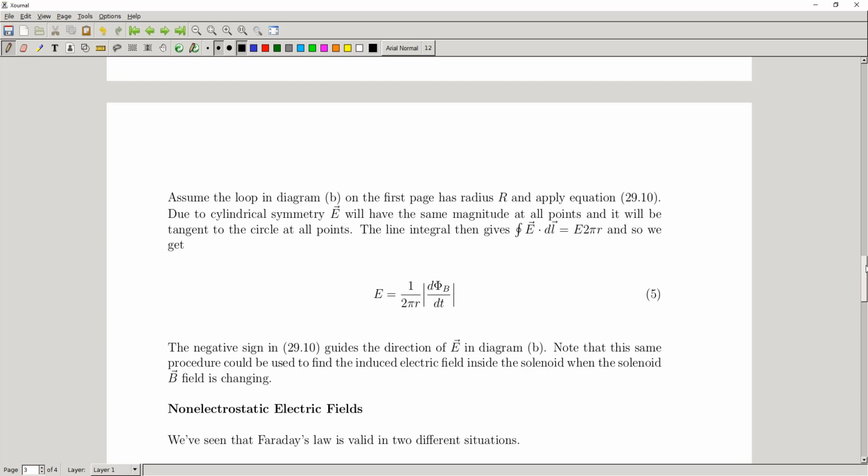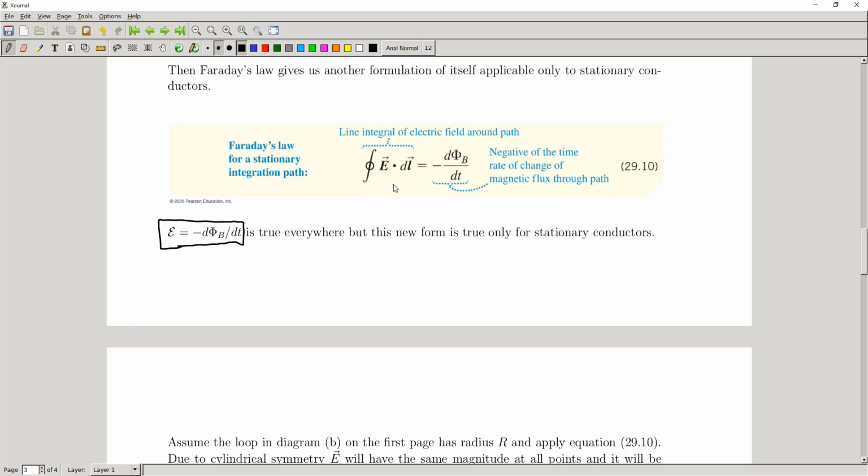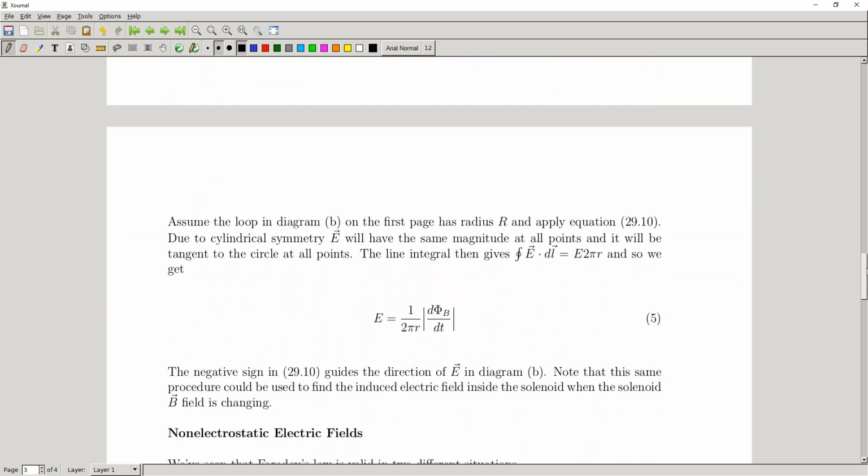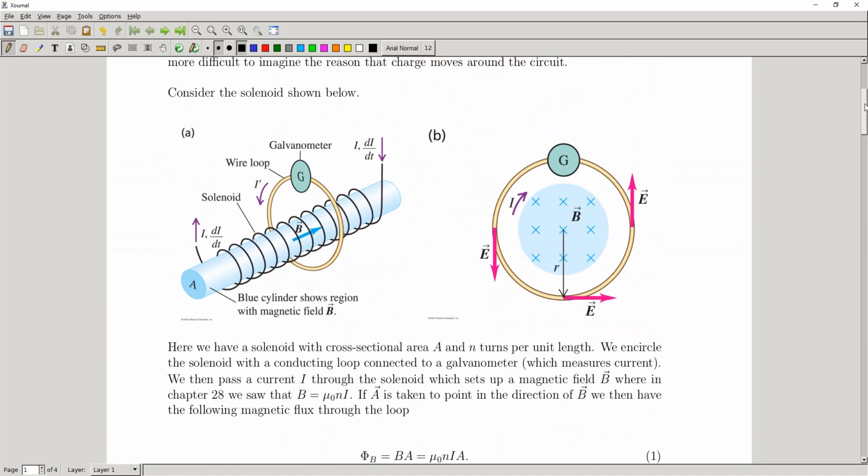Then our line integral, which is the left-hand side of our equation here, is just going to reduce to the magnitude of our electric field times the circumference of our circle. Why does it do that? Well, because E at every point is going to be parallel to dl, right? As we're going around the circle, if we break this thing up into tons of little dl's, at every point E and dl are going to point in the same direction, okay?